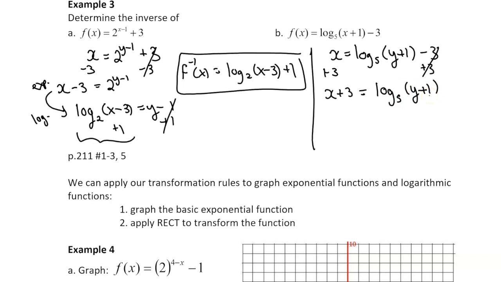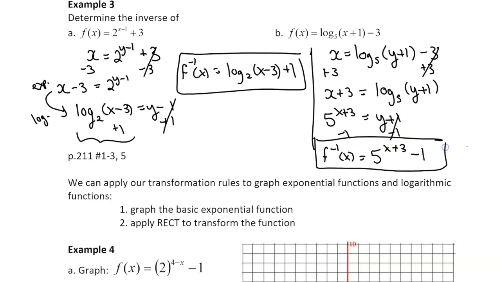Let's put it into exponential form. So if we put this into exponential form, we could say 5 to the x plus 3 equals y plus 1. And then we just subtract 1 onto the other side. And our inverse is going to be 5 to the power of x plus 3, subtract 1. Let's put a box around that.